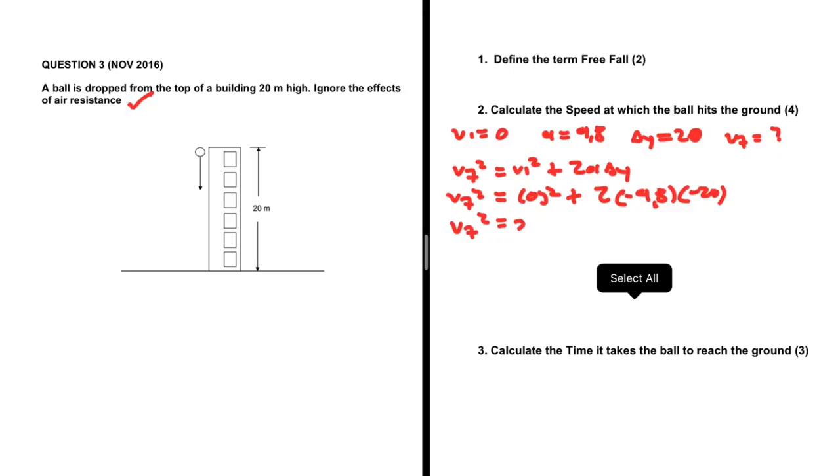I'm getting 392. So what we need to do at this point is to take square roots on both sides. So VF equals 19.7989. If we round that off to 2 decimal places, we're going to have 19.8 meters per second downwards.